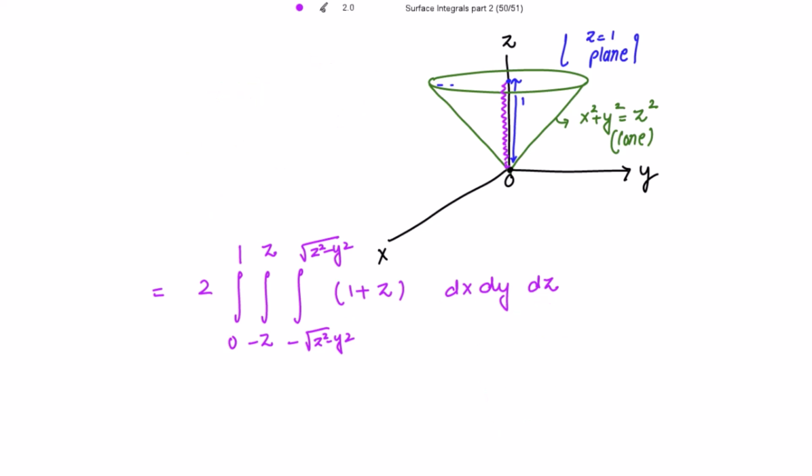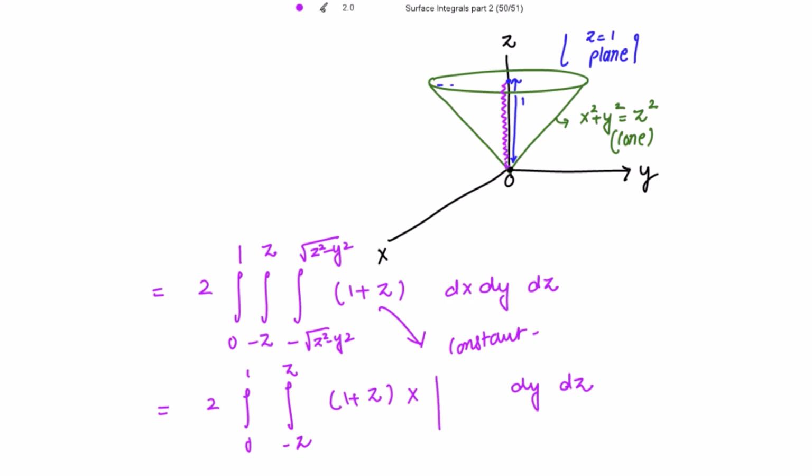Now integrating this integrand with respect to x first. When integrating with respect to x, the rest of the integrand is constant. So integrating 1 with respect to x, we get x with limits minus square root of z² minus y² and plus square root of z² minus y².